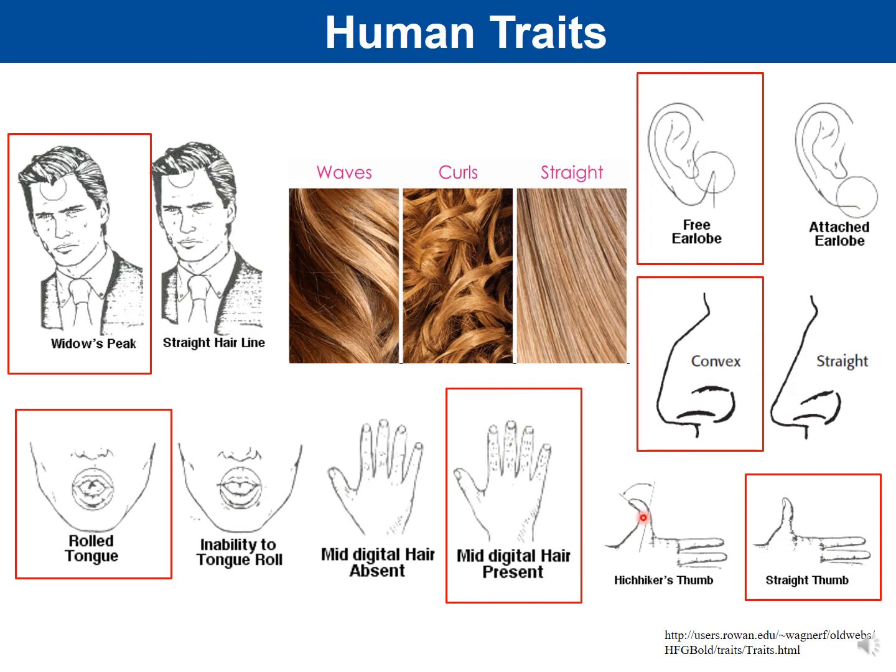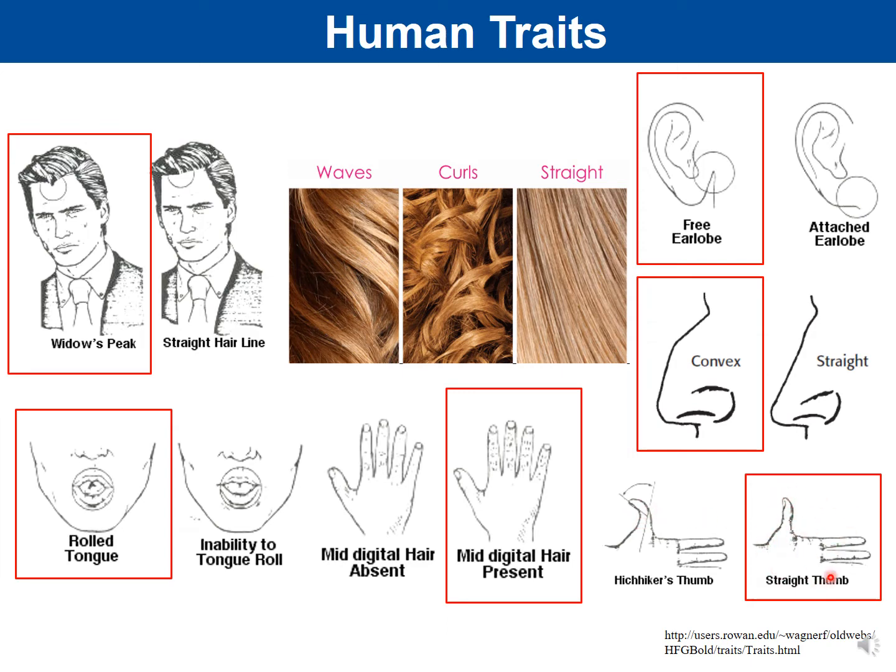Hitchhiker's thumb. Hitchhiker's thumb is if you can bend your thumb back. Mine can go back to almost a 90-degree angle. So if you can bend your thumb back like this, you have a hitchhiker's thumb. If your thumb does not bend like that, then you have a straight thumb.